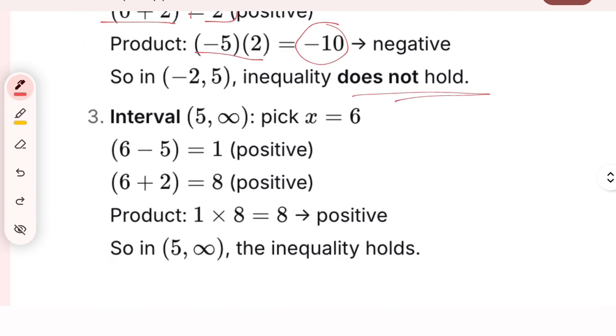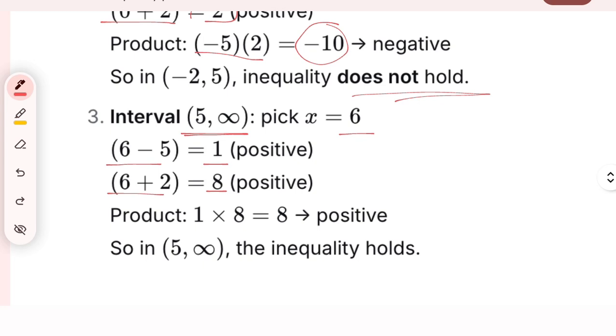The last interval is 5 to infinity. Pick any number between 5 and infinity. I will pick 6, because I could pick any number beyond 5. So that would be 6. And then substitute it into the original inequality. So it would be 6 minus 5, the answer is 1. Then the other one is 6 plus 2, the answer is 8.